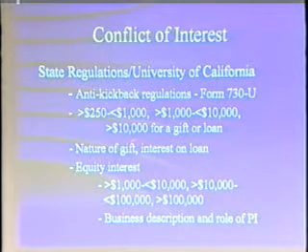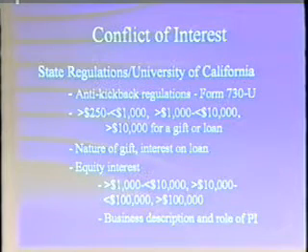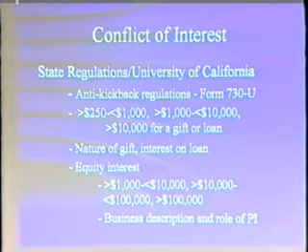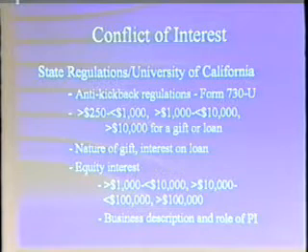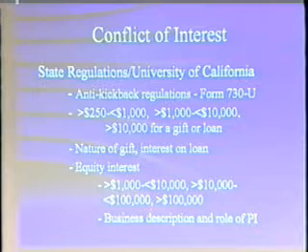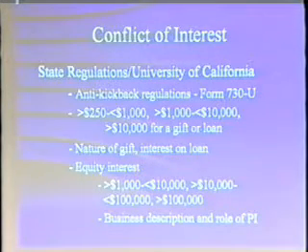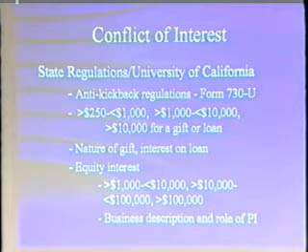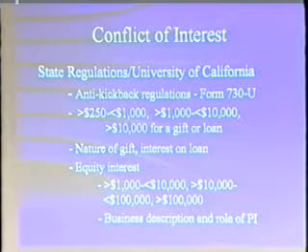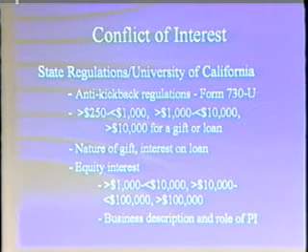If it's a gift or a loan, if it's over $10,000, you have to report that. The nature of the gift and the interest in the loan has to be revealed. And if you have an equity interest in a company that is sponsoring your research, again, you have to reveal the varying levels of interest that you have in that particular company, and you also have to describe your relationship with the company.